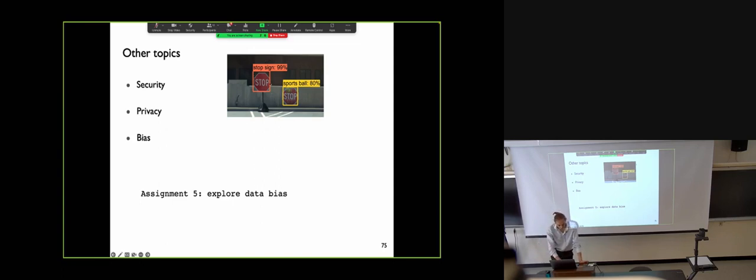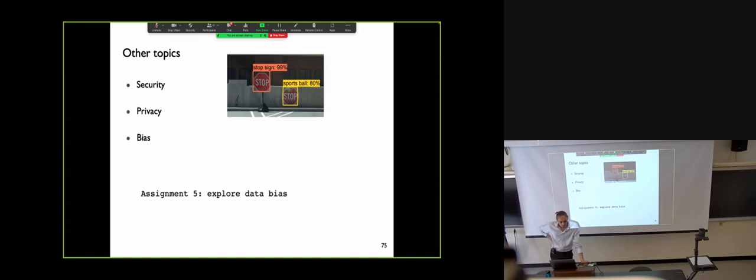It can predict a stop sign with 99% accuracy, but if you have some slight perturbation to the model, or any adversarial attack, or if you put some kind of tape on it in a particular position, then the model can be fooled and think this is a sports ball. Imagine the consequences if the self-driving car thinks that's not a stop sign but a sports ball. Then it won't stop and it will keep going. So it's very important to make sure they work well.